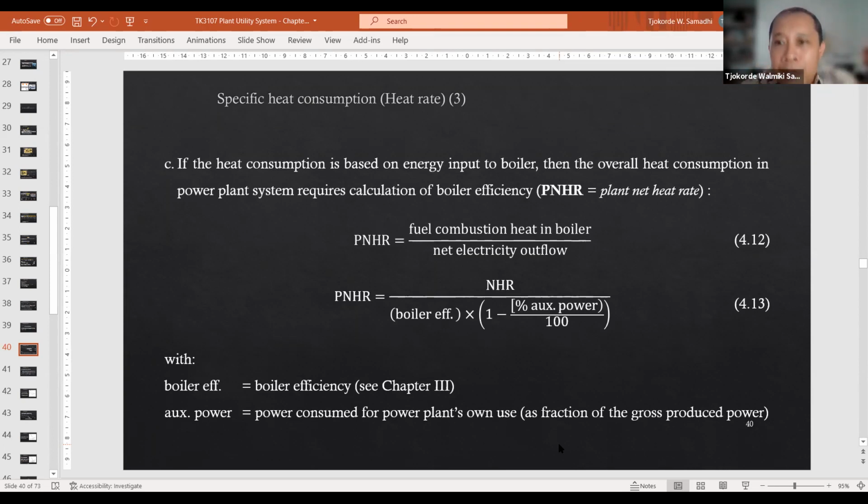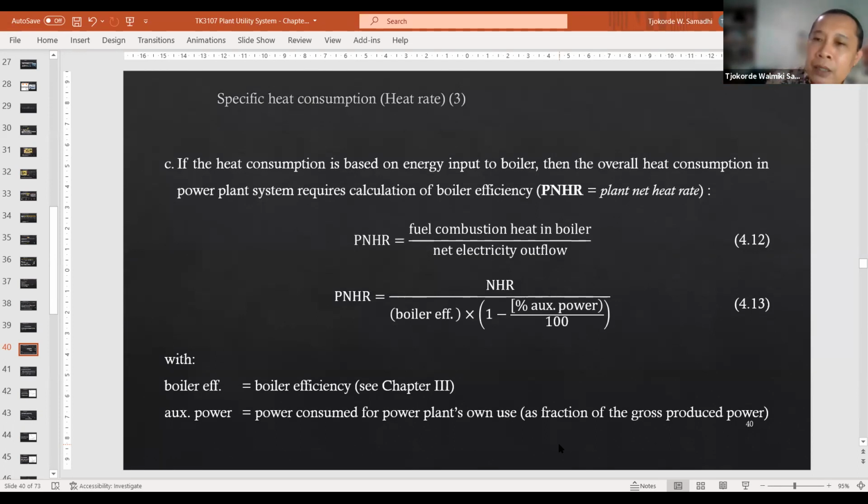So if you measure the power right at the output of the generator, what you get is the gross produced power, right? And if you subtract out the electric power that is consumed by the plant itself, the remaining is net electric power or net electric output. Yeah, I think that makes sense.